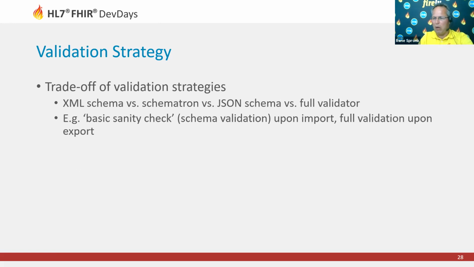It's not a full-blown validation, but, for example, they use XML schema. Well, I can tell you, if you use XML schema, then you're validating the basic structure of a FHIR resource, but you're certainly not validating a lot of the rules that you have in structure definitions. But is it good enough? Well, in some circumstances, that's actually good enough.